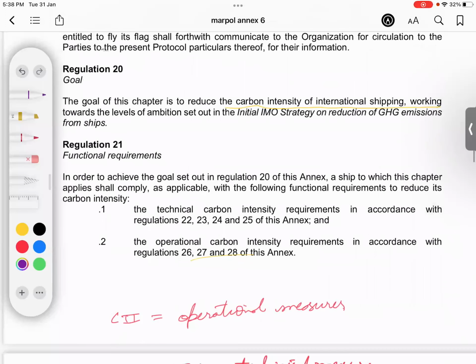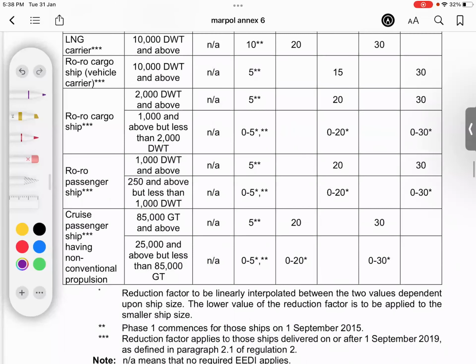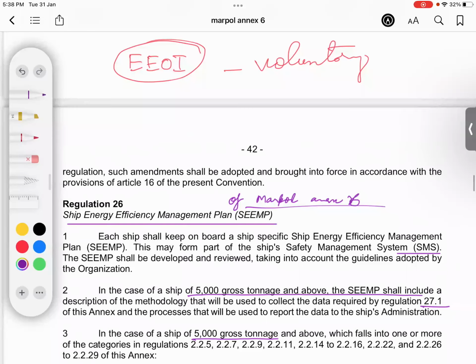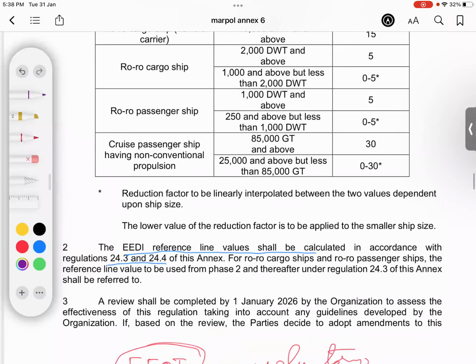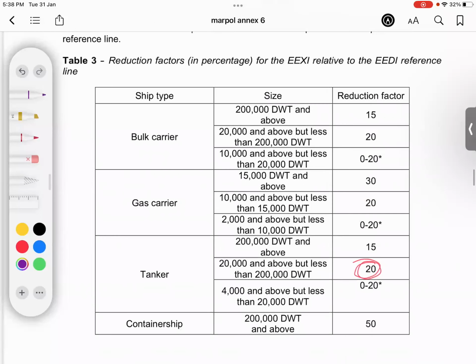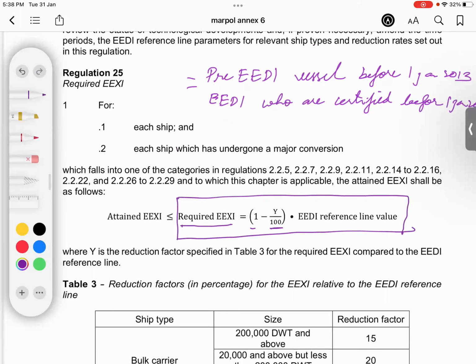The formula of EXI is that, just see carefully, there is no EXI reference value in it. Required EXI is equal to 1 minus y by 100 into, please see this, what is this? Is it EXI? No, it is EEDI. Why is it not EXI?